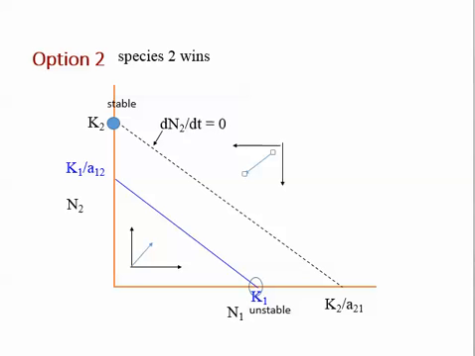A population between the 2 lines would favor increases in species 2 because you're below the isocline for species 2, and declines in population size of species 1, and your trajectory would be ultimately in this direction, moving towards that stable equilibrium where just a single species competitively excludes the other.